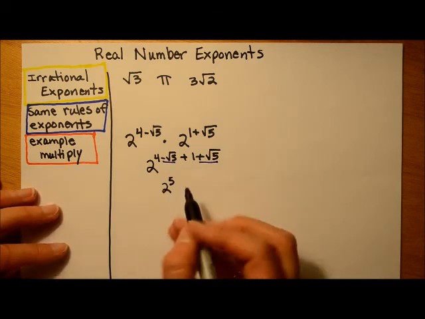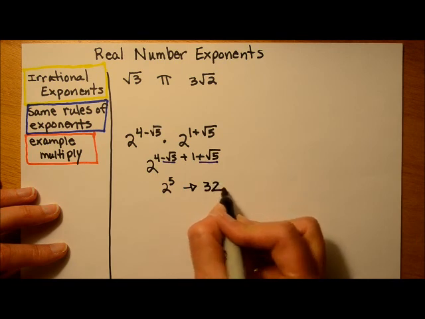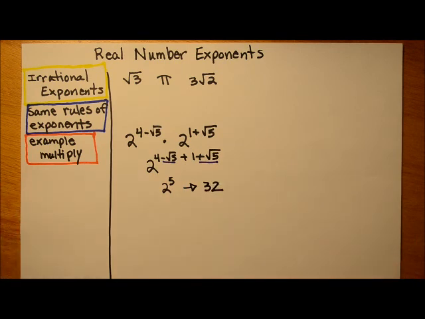What I end up with is 2 to the 5th, which is 32. Okay, same rules. We're doing nothing different. It's just now you have to deal with radicals.